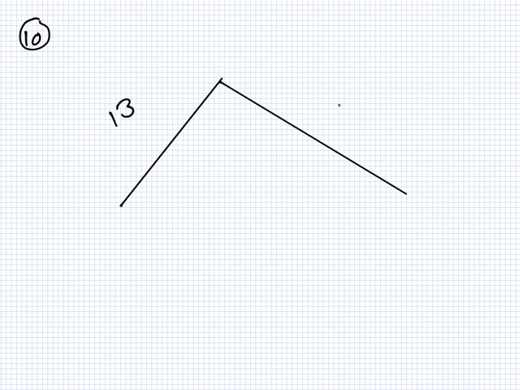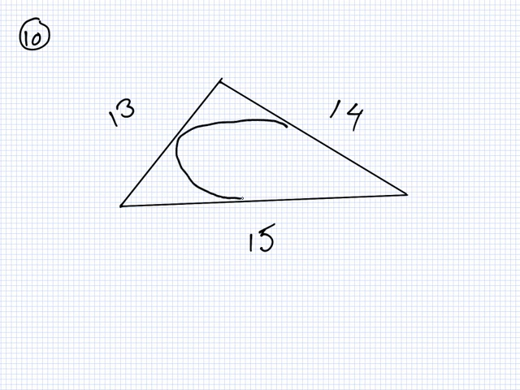What is the radius of the biggest circle that can be put into a triangle with sides 13, 14 and 15? Okay, so that's 13, that's 14 centimeters, and that's 15. Now, you might have to check some vocabulary, but I want to know the biggest circle which goes inside. I gave you the name of this circle.